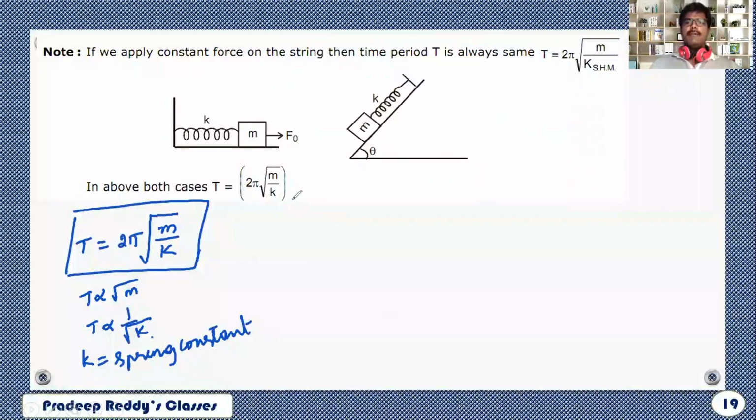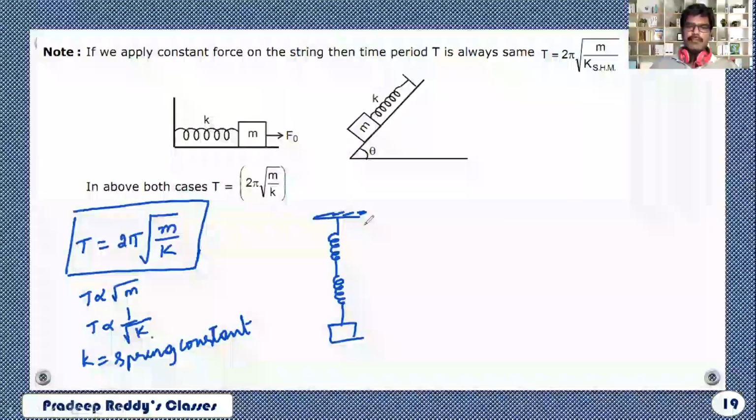Suppose there are two springs which can be attached either in series or in parallel. Say, for example, we have a spring attached like this. These two springs are connected in series.